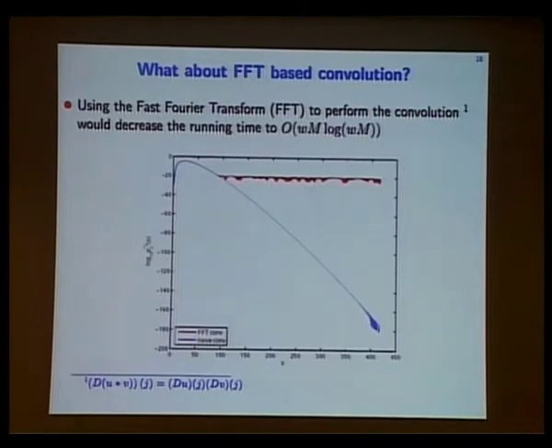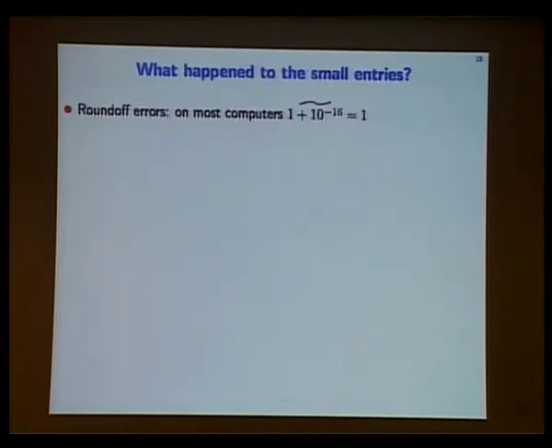Fast Fourier transform-based convolution allows you to speed up convolutions, but in this case at a horrible cost, because what you get is complete garbage. These are the values I'm interested in, and this is what I get. I don't get anything, basically, using FFT. We talked about the reason why, and it's this identity.